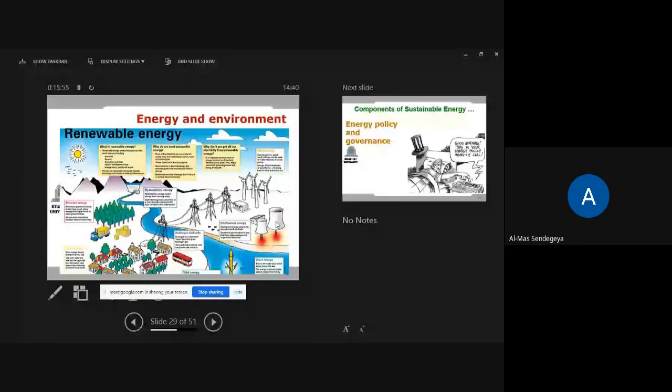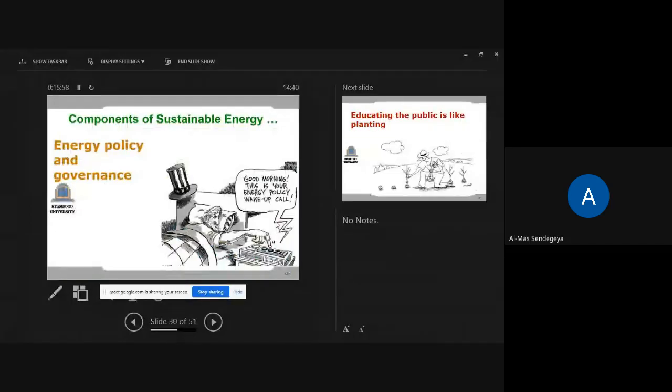Energy policy. Dr. Jonathan was telling you that at undergraduate level, this kind of research might be a bit challenging. But when it comes to higher level research, this is one of the parts which needs serious attention. Some of our energy resources and energy needs are not solved because of poor policies and poor governance.